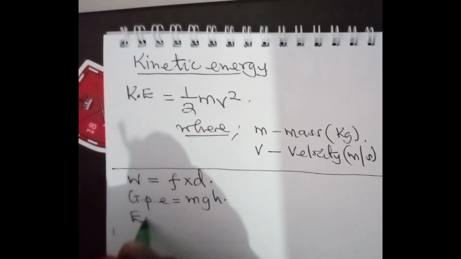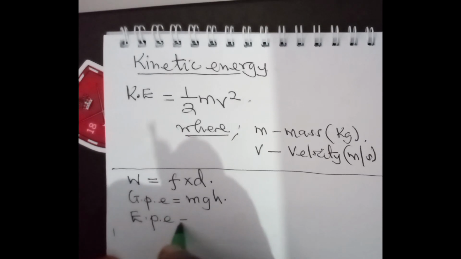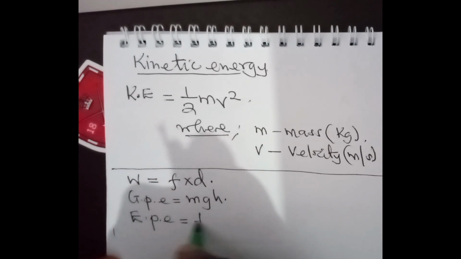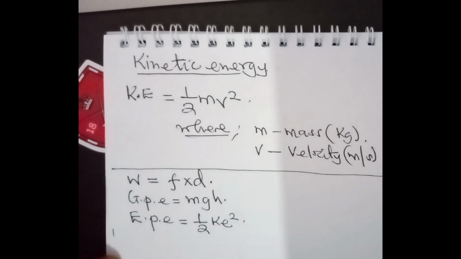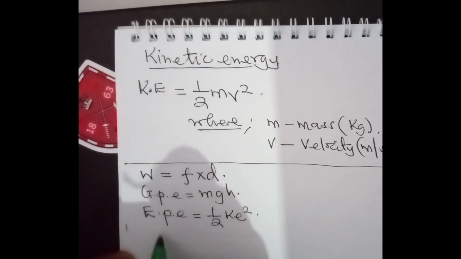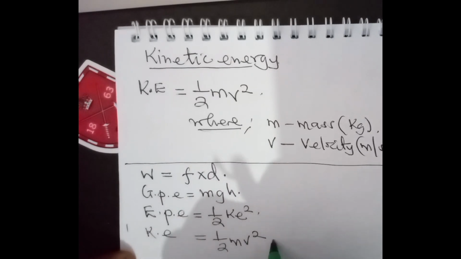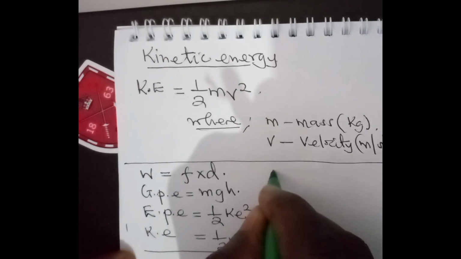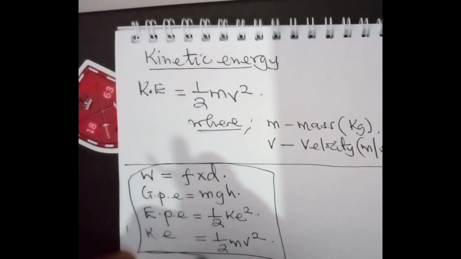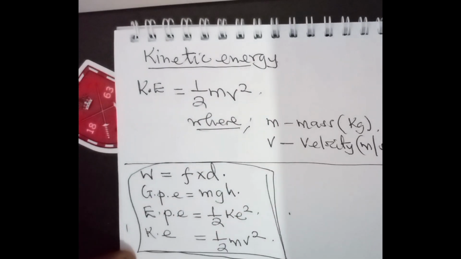Elastic potential energy is half ke squared. And lastly, kinetic energy is equal to half mv squared. These are the formulas we will be using. Thank you.